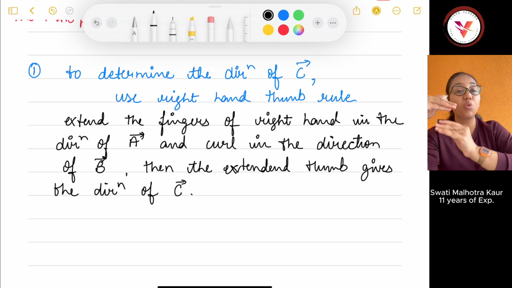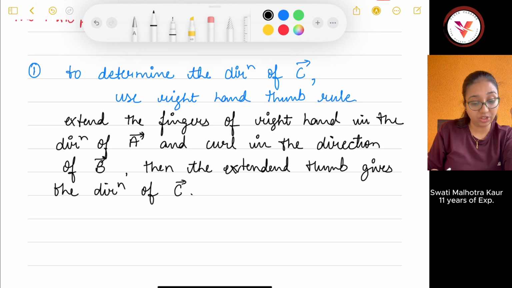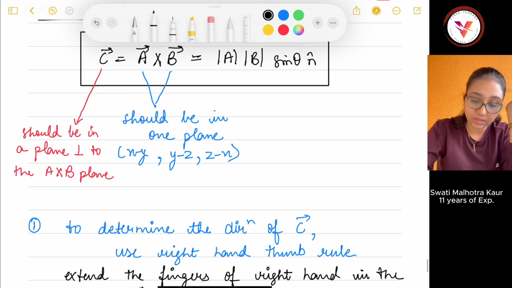But there is one more method through which you can calculate the direction using i j k cap, which we will learn. So this n cap basically is what? A unit vector perpendicular to the plane of A and B, which gives the direction of the C vector.